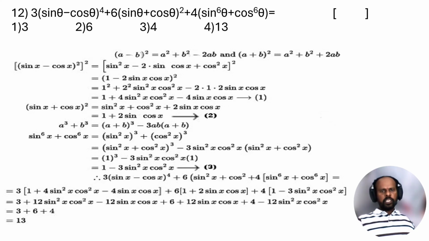In a place substitute sin theta, and in b place substitute cos theta. You will get a square, b square, 2ab, and when you add the three results you will get the answer.